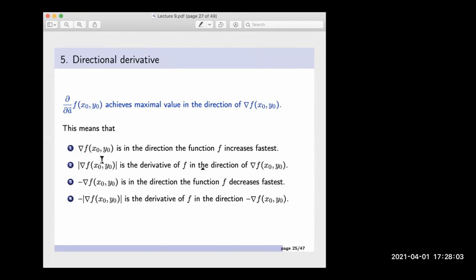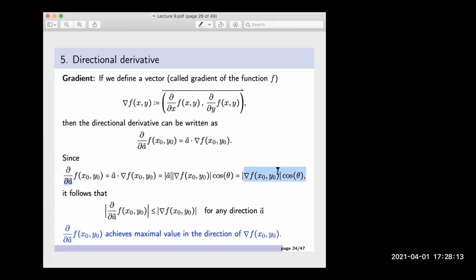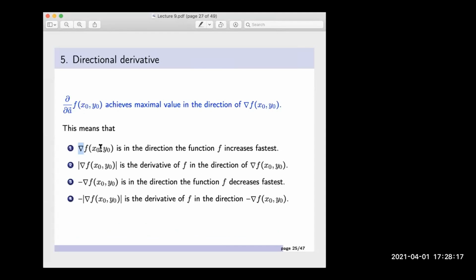The maximal value is simply the length of this vector. So the direction of the gradient is the direction in which the function increases fastest, and the length of the gradient vector is the derivative of the function in this direction. It's also the maximal derivative in all directions.